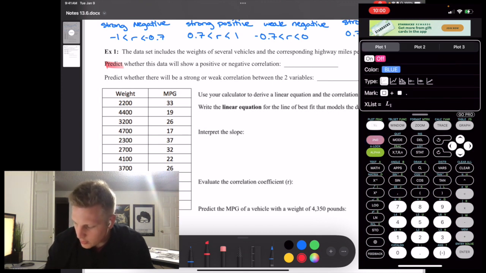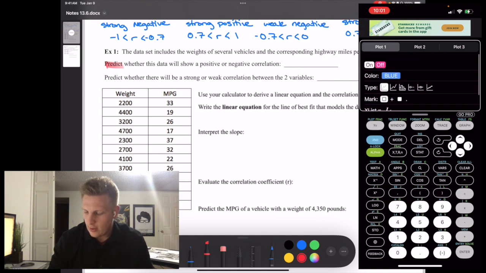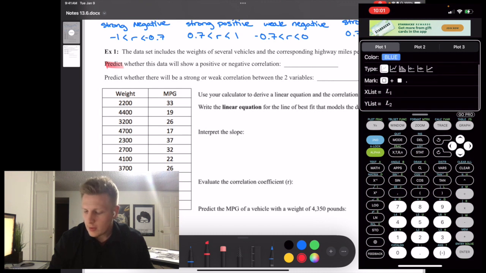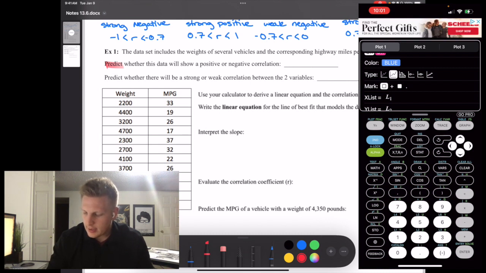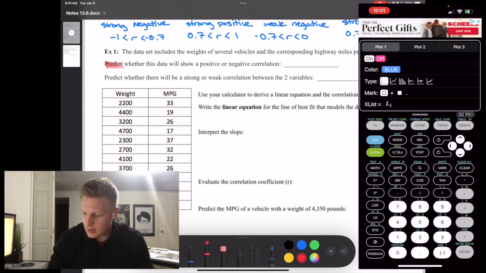One thing that we should double check here is the way that this plot is set up. So I'm hitting second, and then that y equals button. It's going to tell me all about these types of plots. Now, we've been doing scatter plots. That's this first one. They have some lines, they have some bars. Looks like we can do some box and whisker plots.